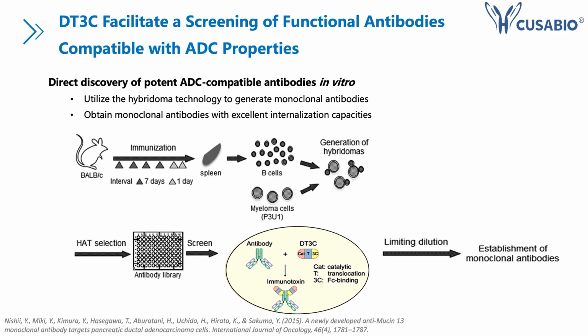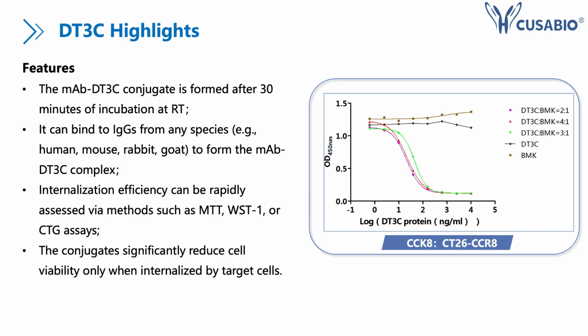So the last part here, I want to highlight the features of our DT3C. The first is that we prepare the conjugate in a very easy way. The monoclonal antibody and the DT3C will be formed by a 30-minute incubation at room temperature or 37 degrees.